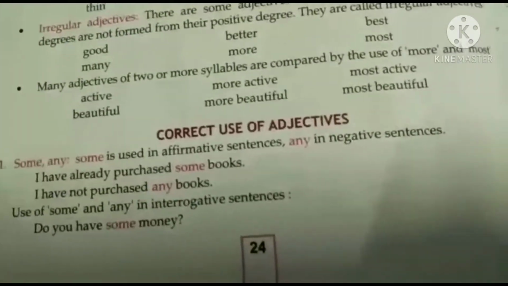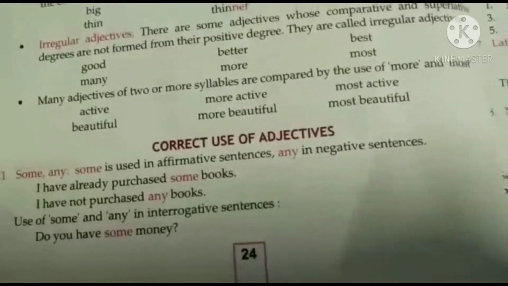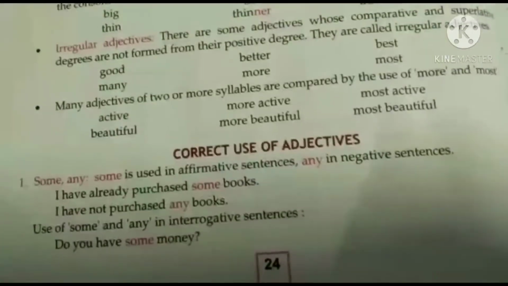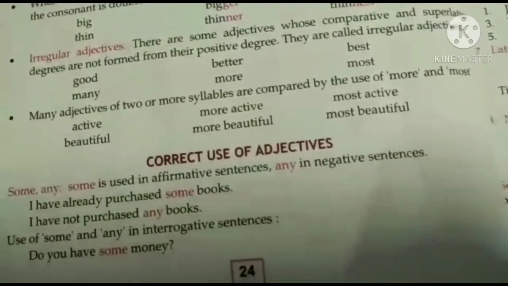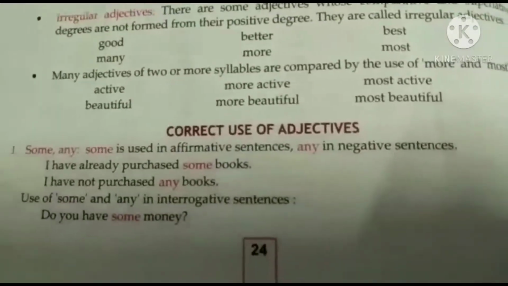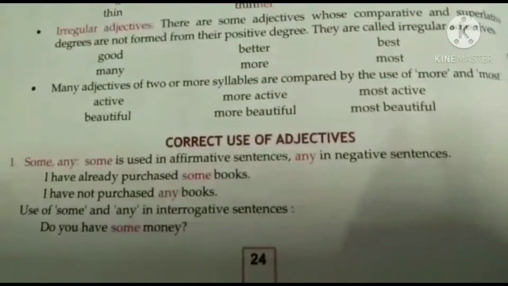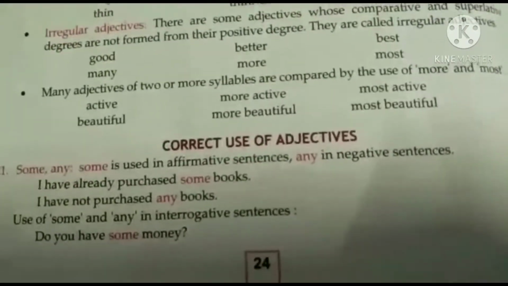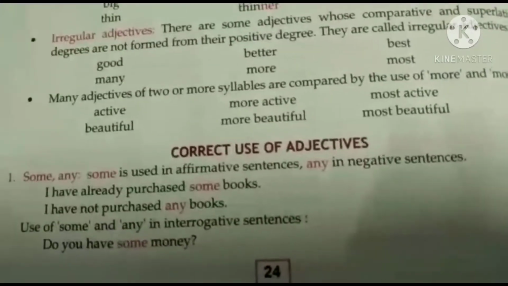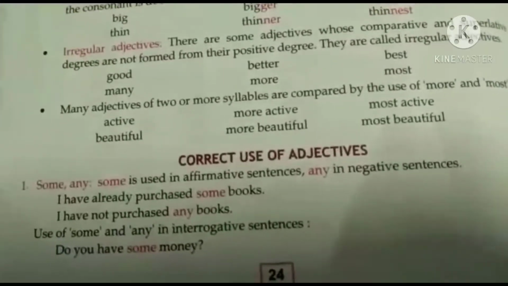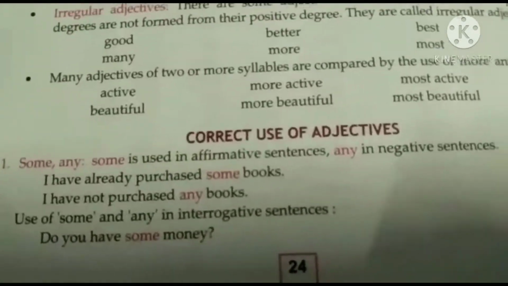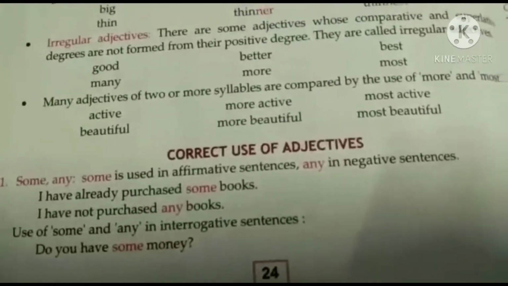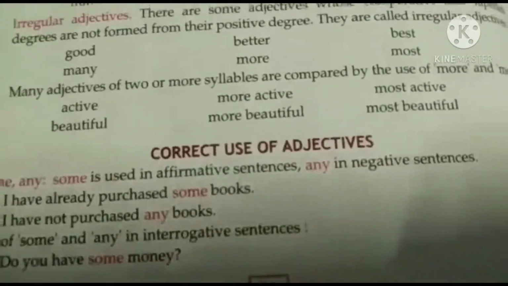But when we say some or any, we use the word some to show a positive sense. Sometimes a positive sentence shows a negative sense and a negative sentence shows a positive sense. So we use any or some according to the sense, not the sentence. Some we use to show a positive sense, whether the sentence is positive or negative, it doesn't matter.